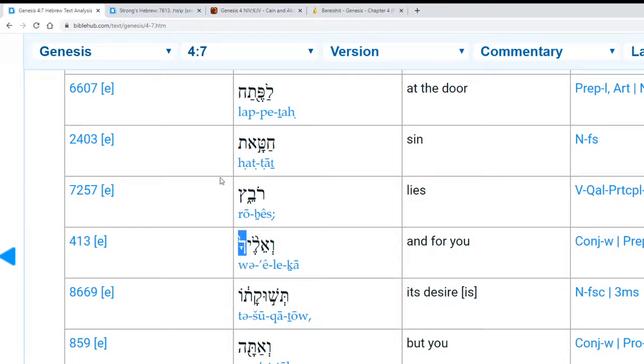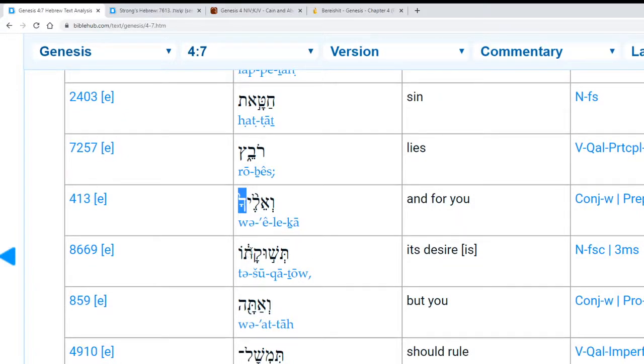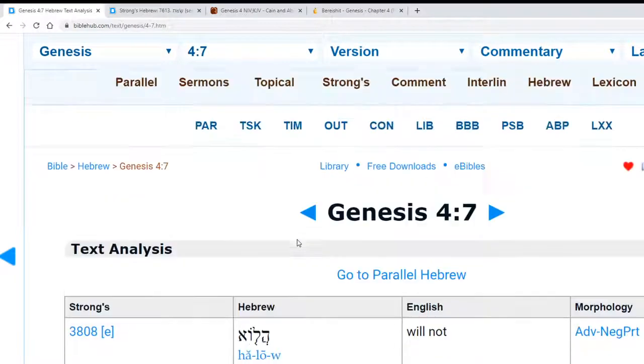Now, if you remember back when we were talking about Adam and Eve, part of the results of the sin was God says to Chava, to Eve, your teshukah, your desire, shall be to your husband, and he shall rule over you. So we had that in the previous chapter.